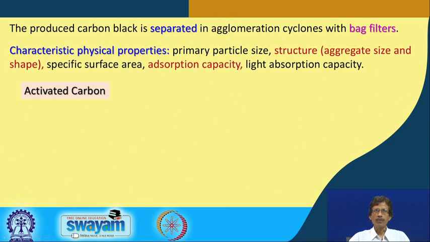So after this carbon black material, what we can now think of is the one where the powdery form of the carbon can be activated. That means, in terms of the corresponding surface characteristics, to increase the surface characteristics such that we can increase the adsorption behavior of those carbon particles, how can we activate the carbon?